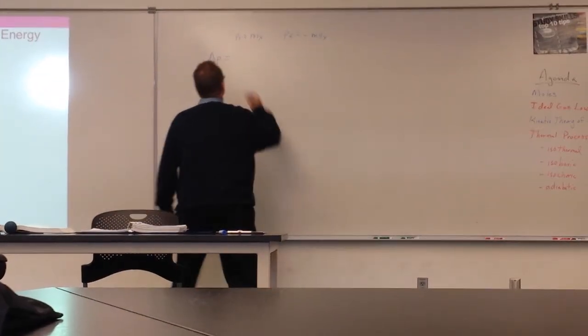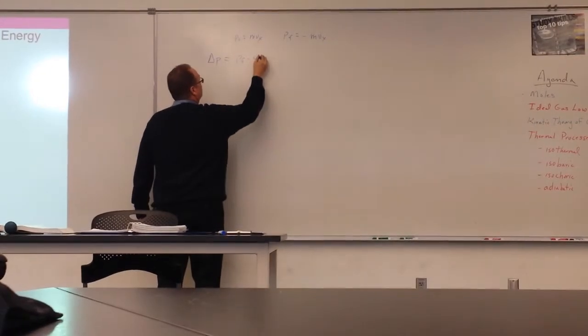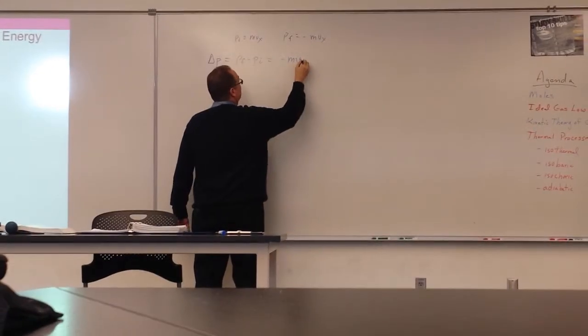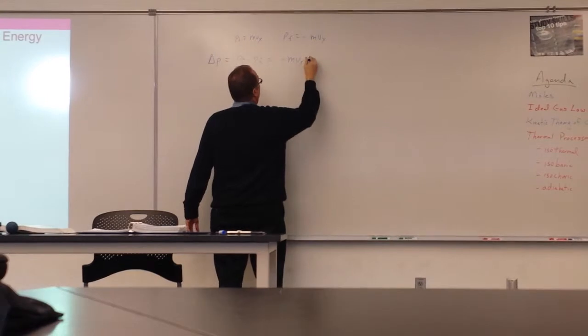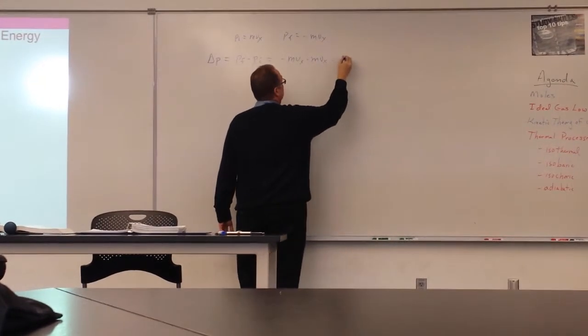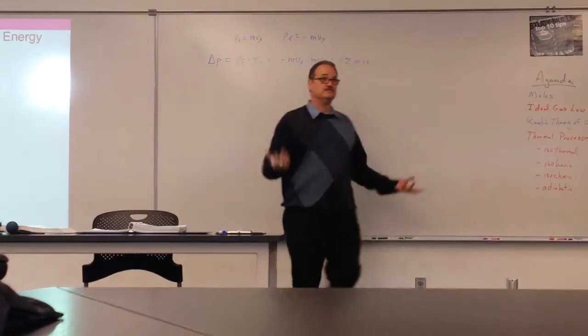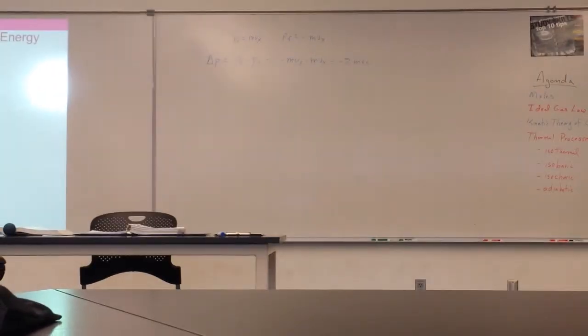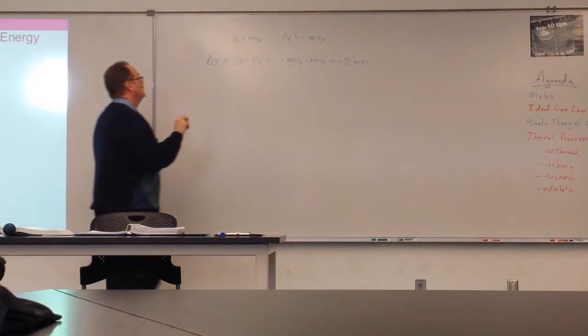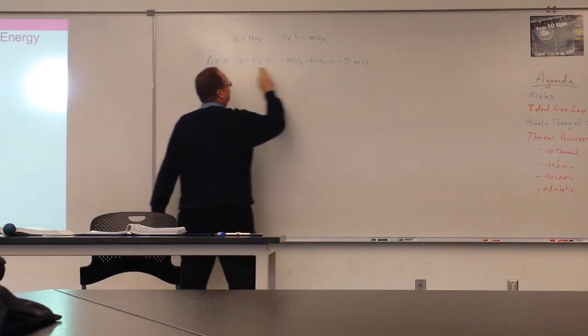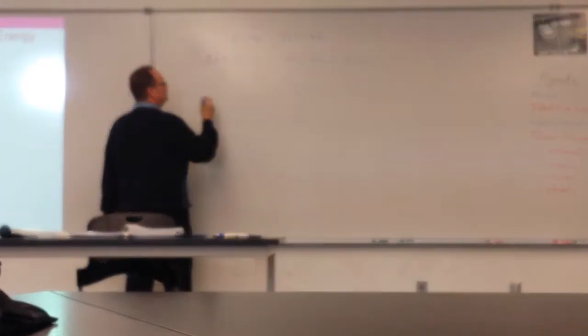All right, so the change in momentum is P final minus P initial, so that's equal to minus mvx minus mvx, or it's equal to minus 2mvx, right? All right, so that's the change in momentum of the molecule.